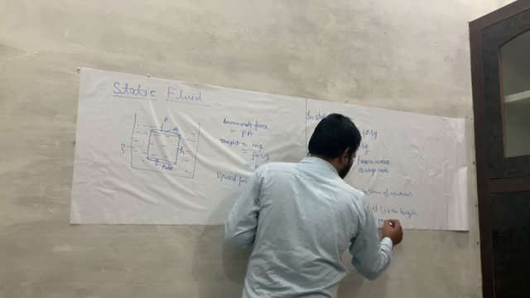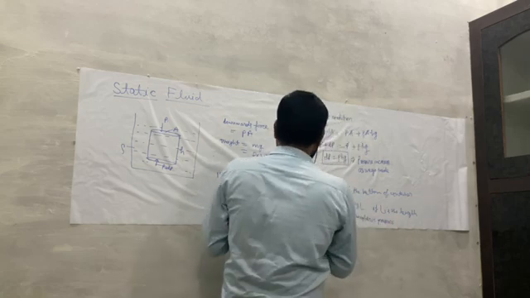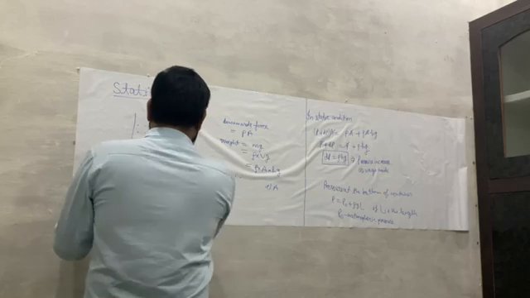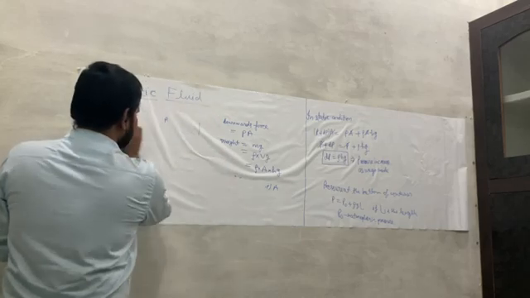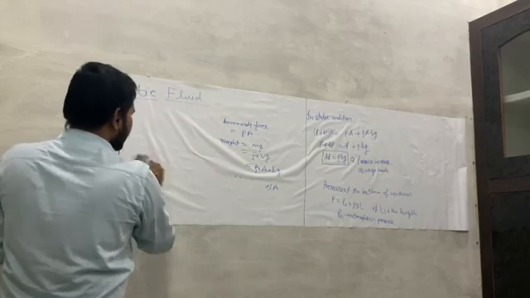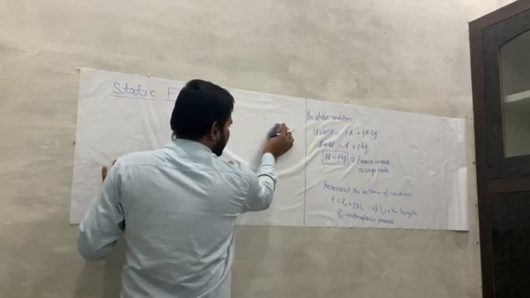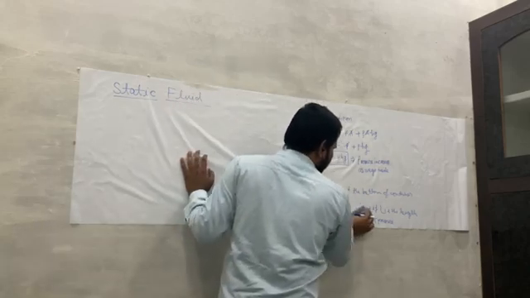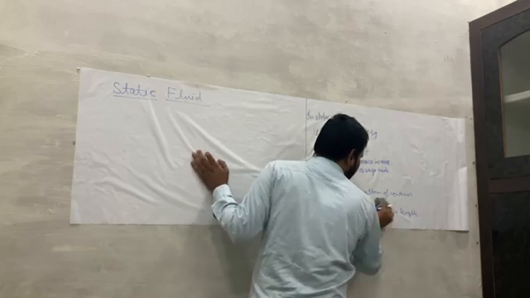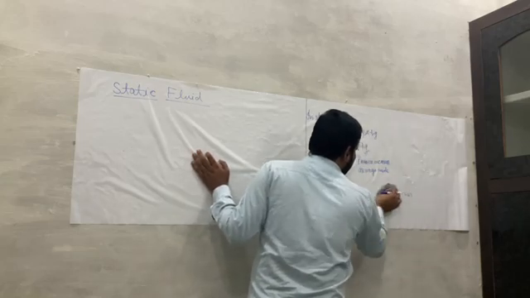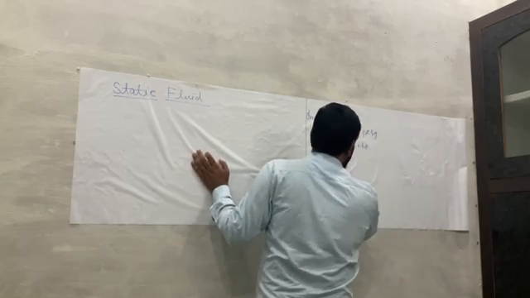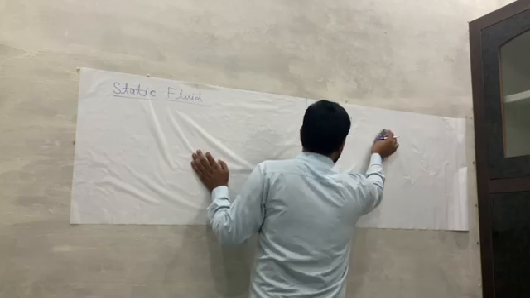Now we will discuss pressure variation in the atmosphere with respect to height. This is also the pressure variation in a liquid with respect to its height; P increases as we go downwards.